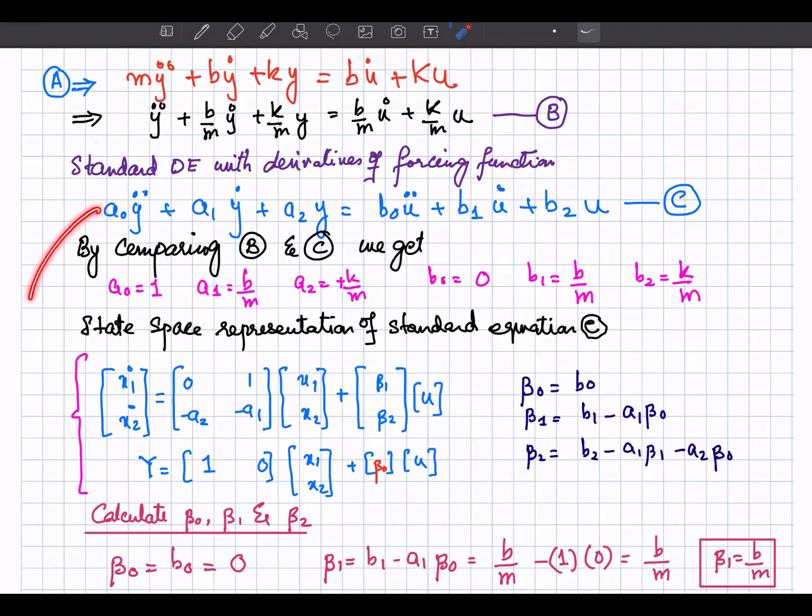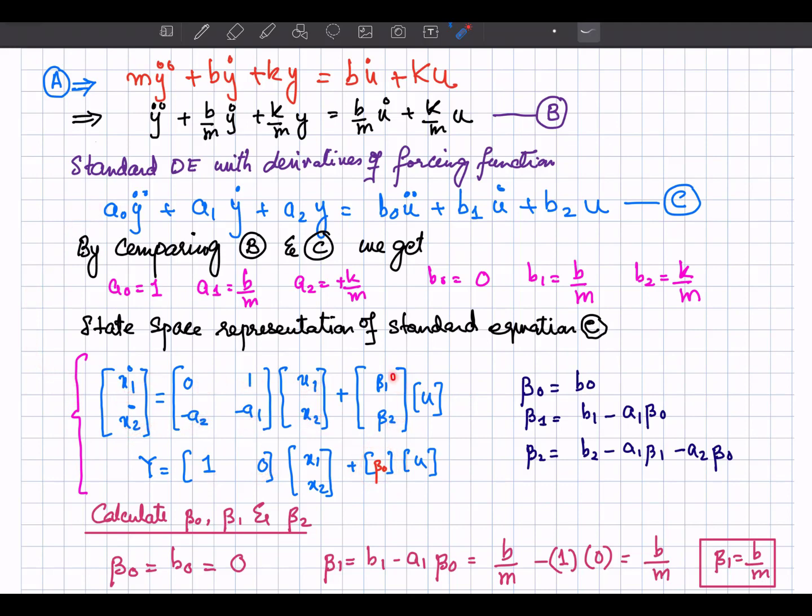For this standard differential equation, the state space is given like this: state variables x1 dot, x2 dot equal to the matrix [0 1; minus a2 minus a1] times the state variables, plus beta 1, beta 2 times the forcing function. The output is [1 0], and here is the direct transmission matrix that is equal to beta naught.